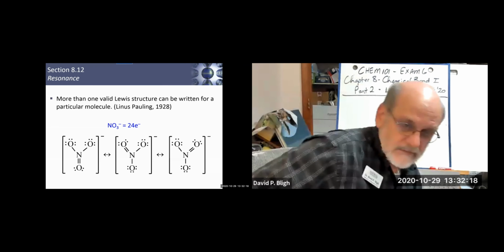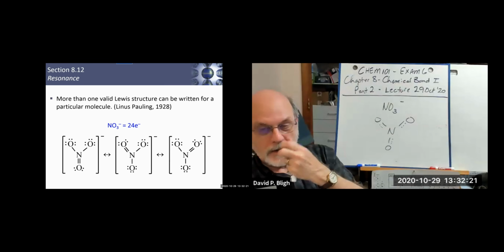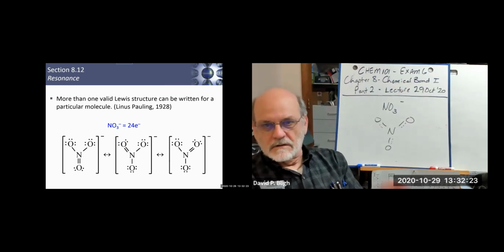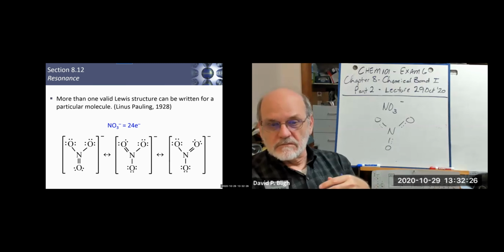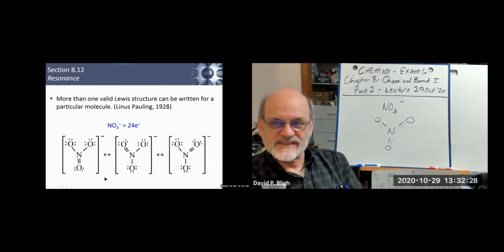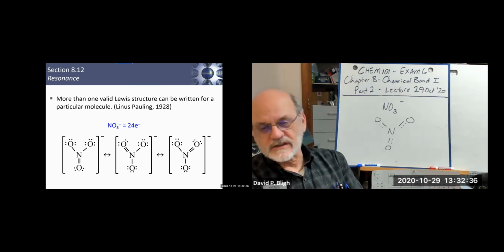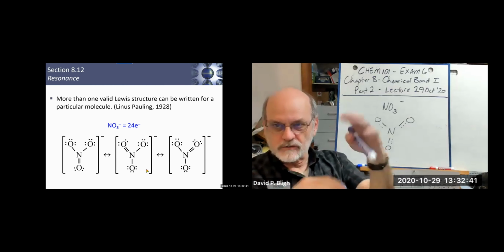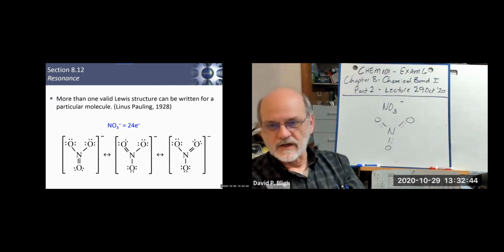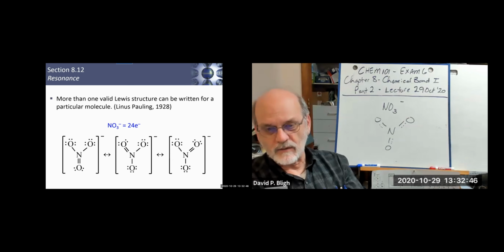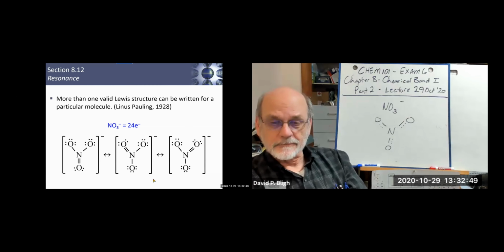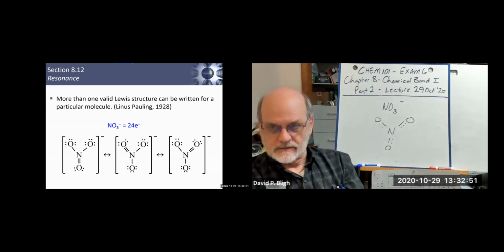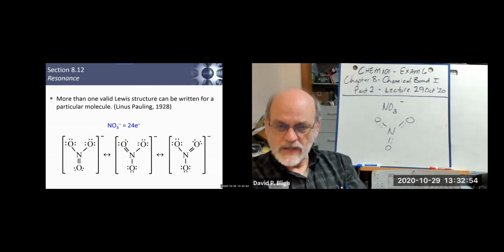So Linus Pauling came up with this idea. He said, we're introducing a concept I call resonance. The molecule flips back and forth among these three. Actually, it would be better if we put it in a circle with arrows going all different ways, because it might go from this one to that one instead of going to that one. But be that as it may, this is a resonance structure, and we have to draw it this way.